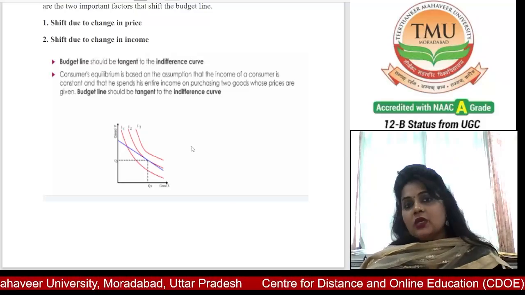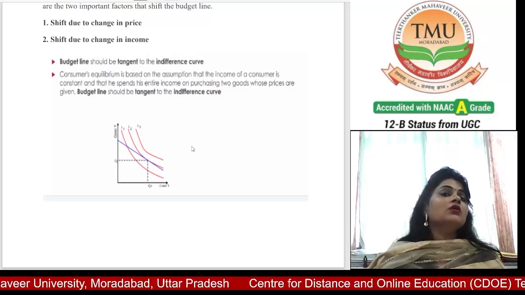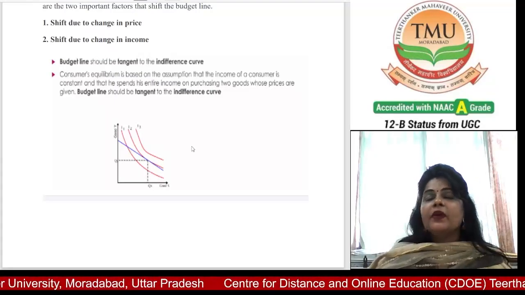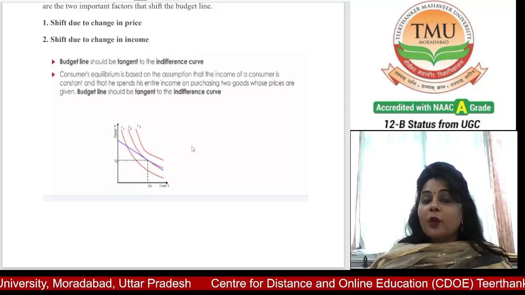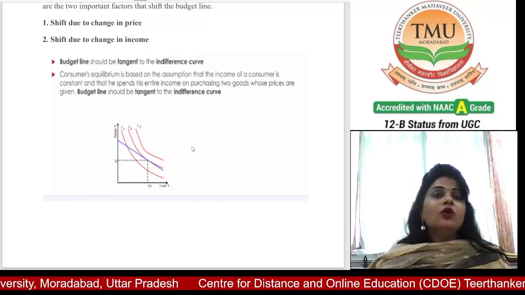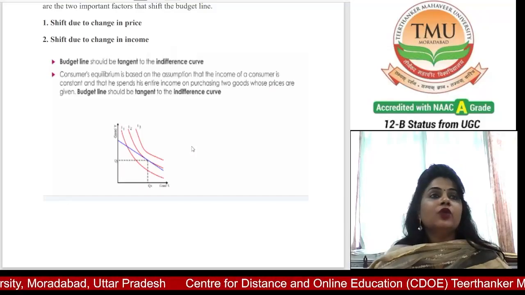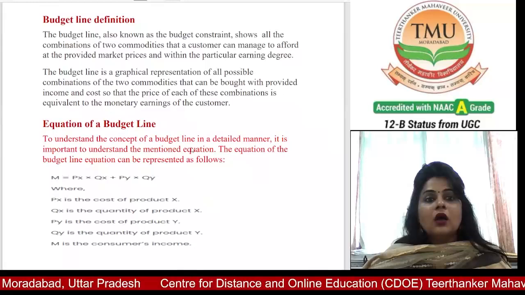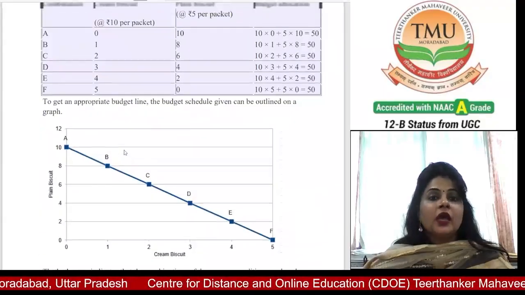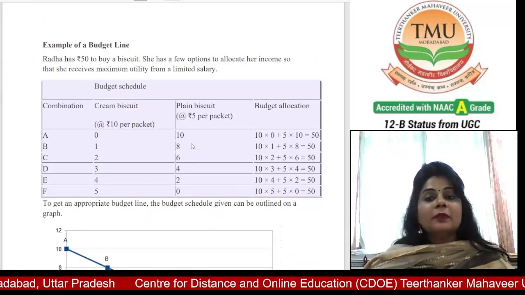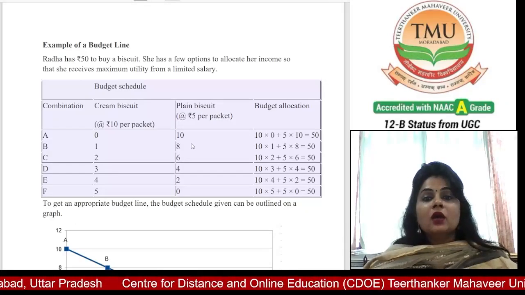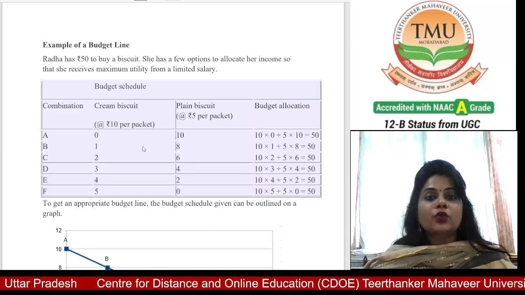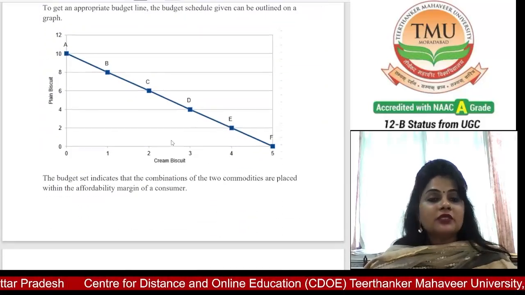In the previous video I explained the indifference curve, indifference map, and the properties of the indifference curve. And in this video I explained what a budget line is, the equation of a budget line, and an example of the budget line, how a consumer gets maximum satisfaction within different combinations of the two goods, and the diagrams of the budget line.